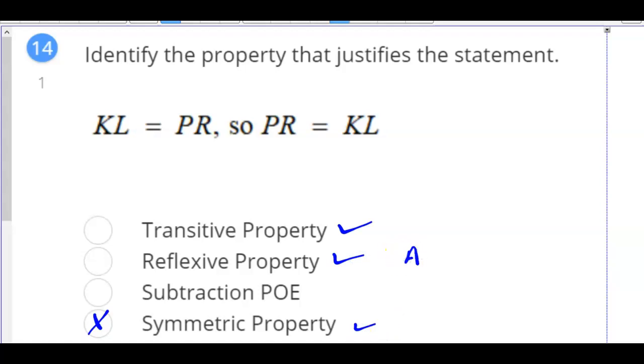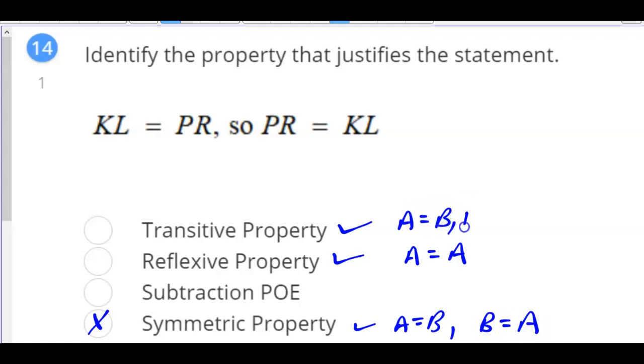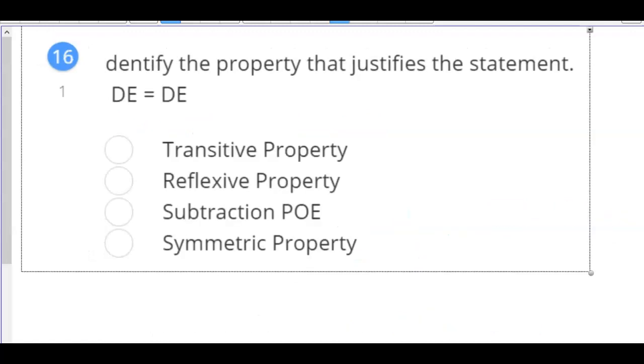This is A equals A. This is A equals B, then B equals A. And this one is A equals B, and B equals C, then A equals C. Okay. How can you say DE equals DE? That is the reflexive property. Just think about a mirror. If you're looking in the mirror, that's you. So you equal you. That's reflexive.